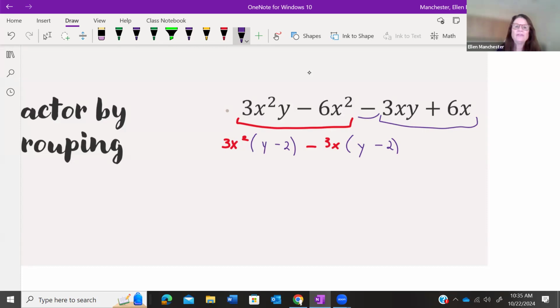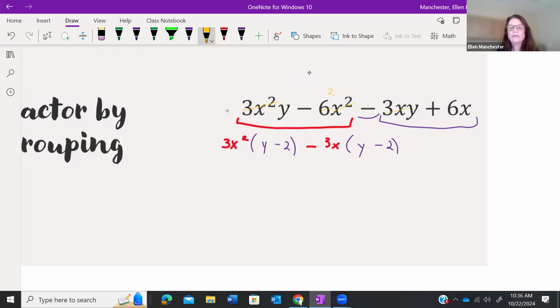Okay, another way to see this, and it may be helpful. When you're dividing 3x squared from 3x squared y, do you see how the 3x squared goes away and all you have left is a y? Here, the x squared goes away and all you have left is a 2.